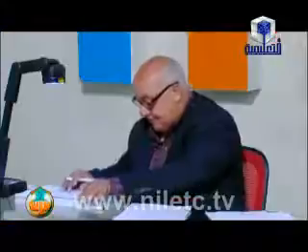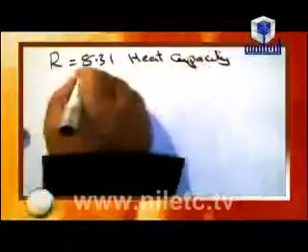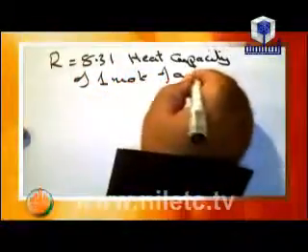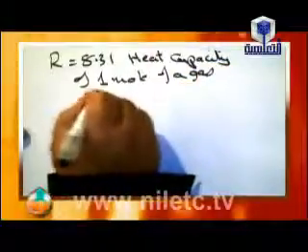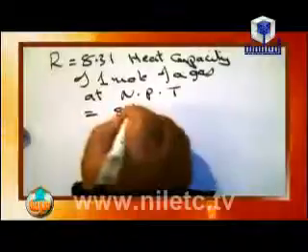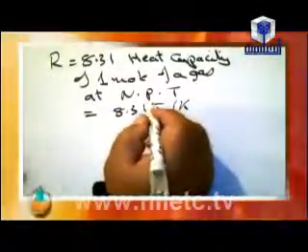That means the heat capacity of 1 mole of a gas at NPT equals 8.31 joule per Kelvin. This is the universal gas constant.